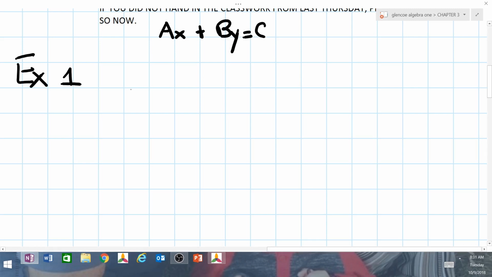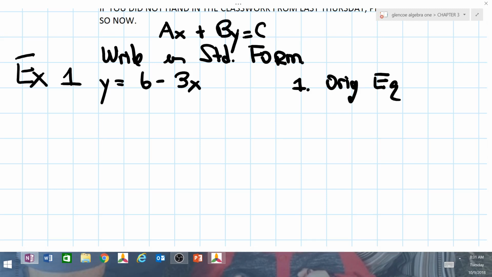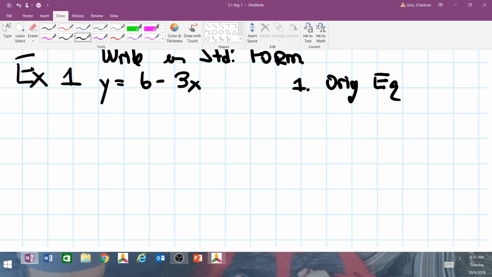So example number 1, y equals 6 minus 3x. So this is my original equation, and the directions say write in standard form. Please remember, by definition, if an equation can be written in standard form, then it is a linear equation.